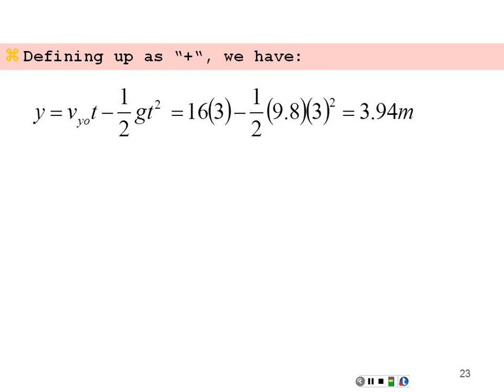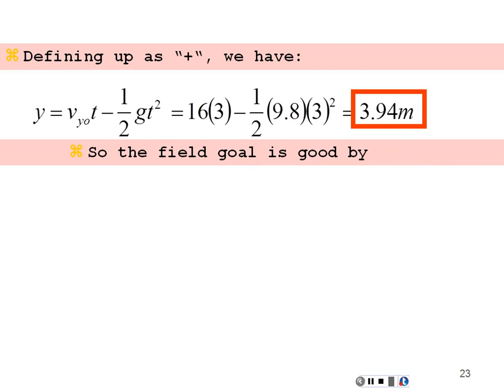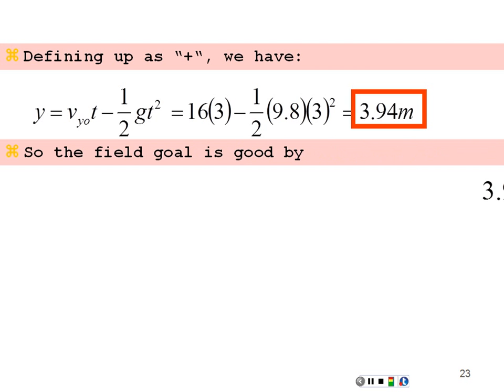After 3 seconds, we will be at a height of 3.94 meters. The goal is 3.05 meters high, so the ball should clear the goal by 0.89 meters. 3.94 minus 3.05 is 0.89 meters, which is a little bit less than a meter.